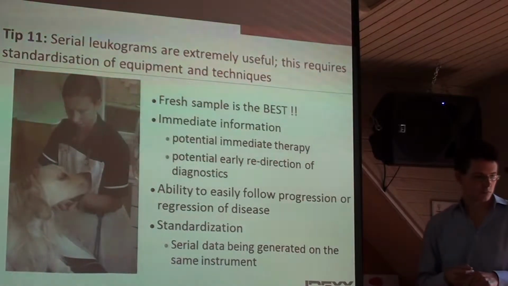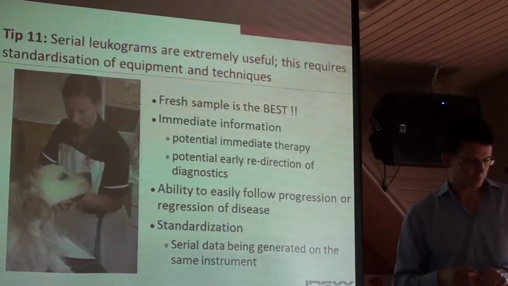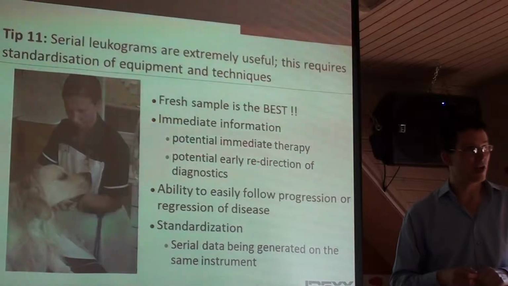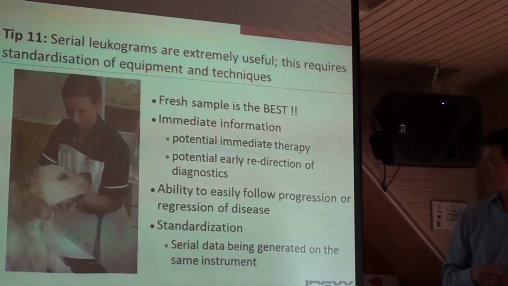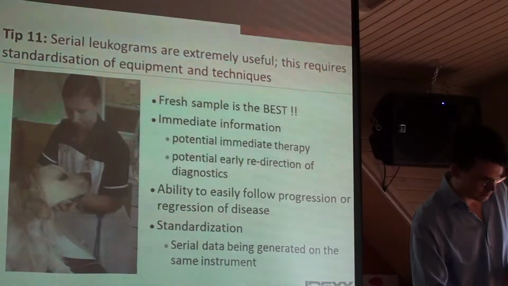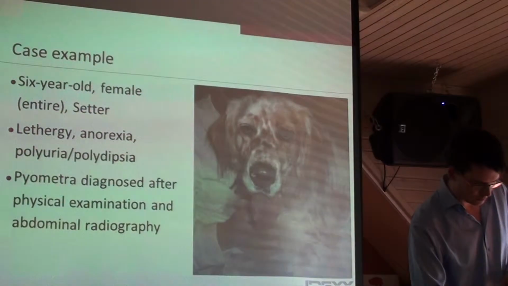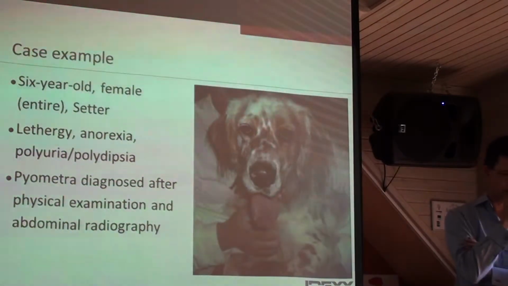Palju olulisem, kui vaadata referentsvahemikke, on vaadata selle konkreetse patsiendi trendi. This is obviously only possible if you have standardization of equipment and technique. Ja see on loomulikult võimalik ainult siis, kui tehnika ja sisseseade on standardiseeritud.